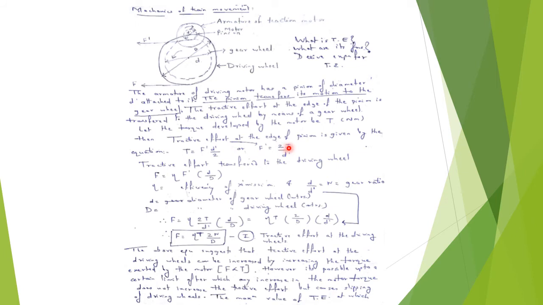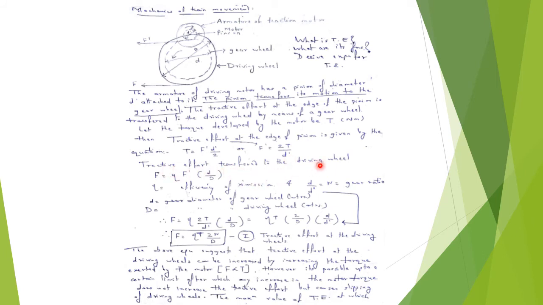Then the tractive effort at the edge of the pinion is given by the equation: the torque developed is equal to F dash, the tractive effort, into D dash by 2, where D dash is the diameter of the motor pinion. In other words, the tractive effort F dash at the edge of the pinion is equal to 2 into the torque developed by the motor in Newton meters divided by D dash, the diameter of the motor pinion.